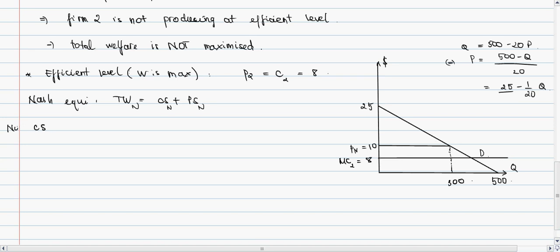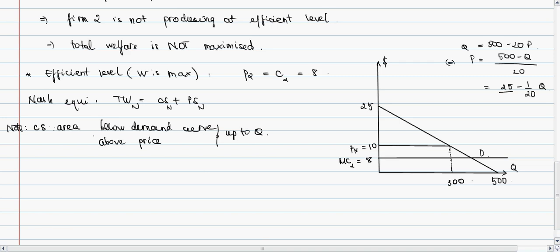Okay, so note consumer surplus is the area below the demand curve, and above the price that the consumer will have to pay to the firm, up to the quantity that they are buying from the market.